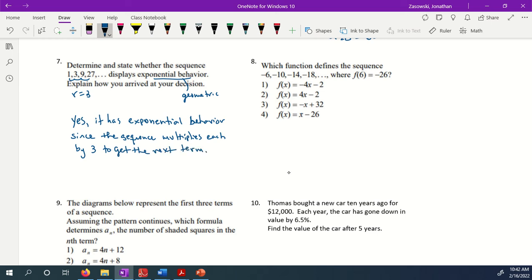You could also have said something about it being geometric, okay, as well. Or you could also say the formula, remember, is 1 times 3 to the whatever power. So it also follows that format.